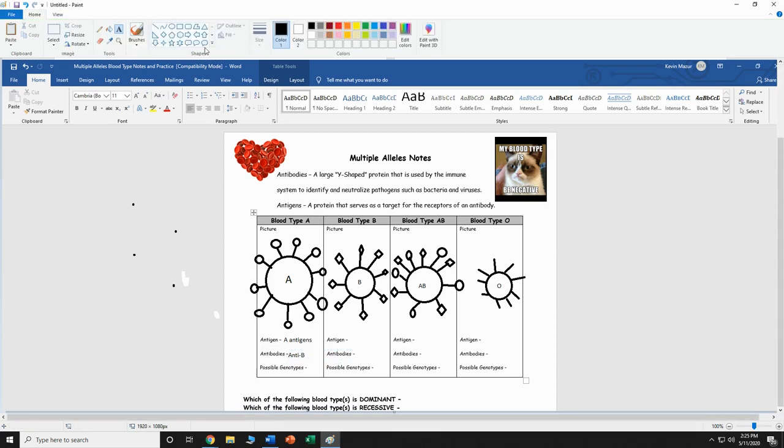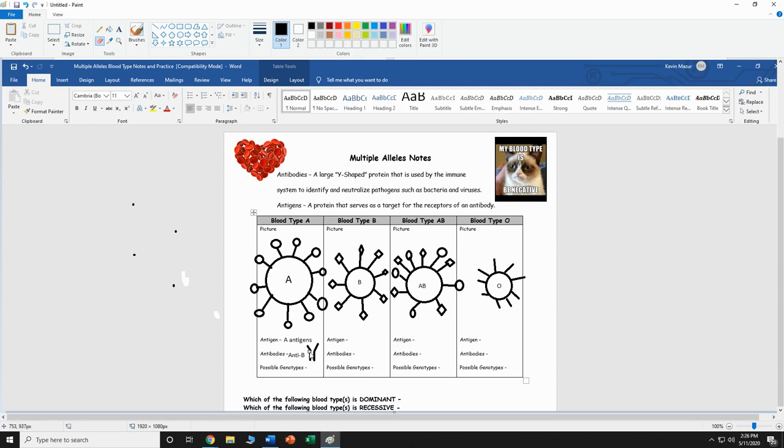All right, and what that's going to look like is it's going to be looking like this. All right, so you see how these antibodies are going to go, and they're a Y-shaped protein that's used by the immune system to identify and neutralize pathogens such as bacteria and viruses.